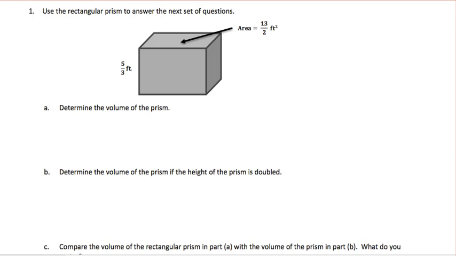In exercise 1, we're asked to use the rectangular prism shown in the picture to answer the next set of questions. First, we need to determine the volume of the prism. They're telling us that the area of the base is 13/2 square feet, and we know this is the base.